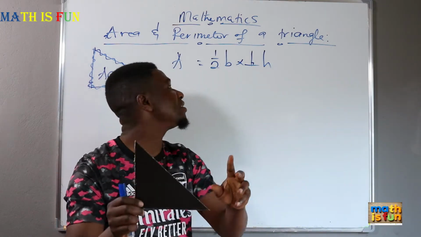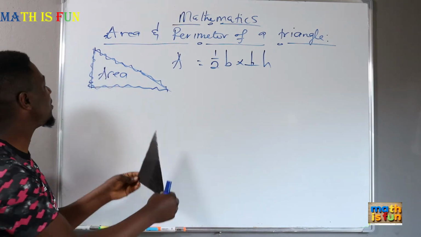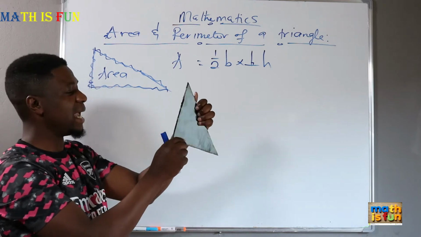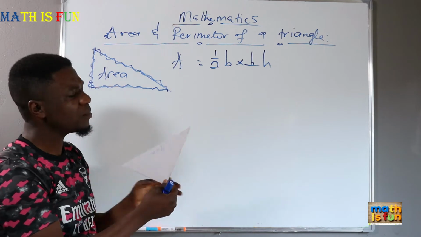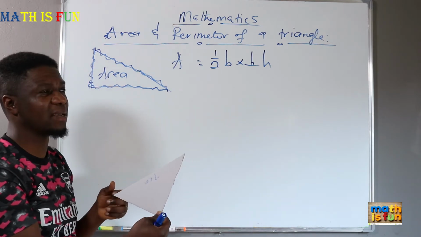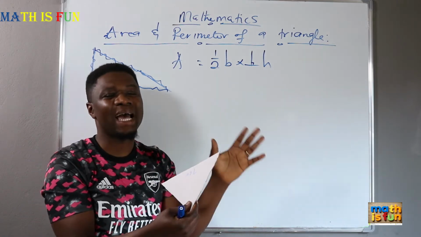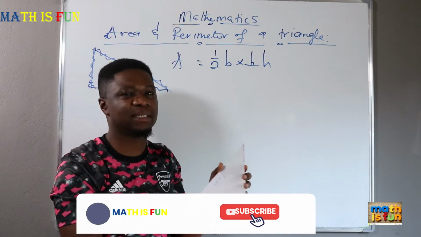I've got this particular triangle, the same one that I've drawn here. So we have a right angle. It is a right angle triangle because it has got a 90 degree here. Looking at this particular triangle, when you talk of the base, any of the sides can be chosen as the base.